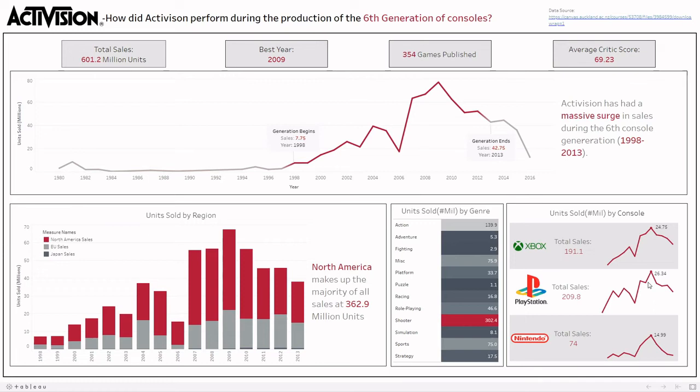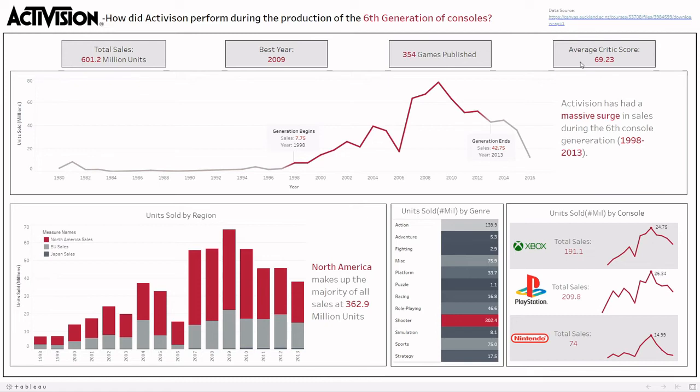When looking at the structure of the dashboard, I've got the heading here at the top, the data source, but then I've also included these small little text boxes where I've detailed some important facts about the performance of Activision. So we have total sales, their best year, which was 2009, the amount of games published, and their average critic score.